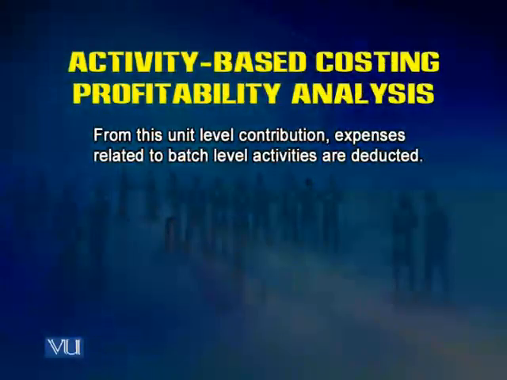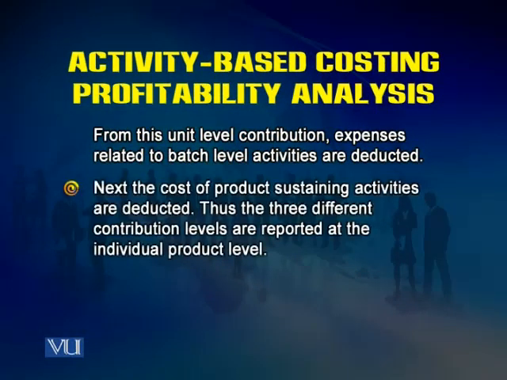From this unit level contribution, expenses related to batch level activities are deducted. Next, the cost of product sustaining activities are deducted. Thus, the 3 different contribution levels are reported at the individual product level.